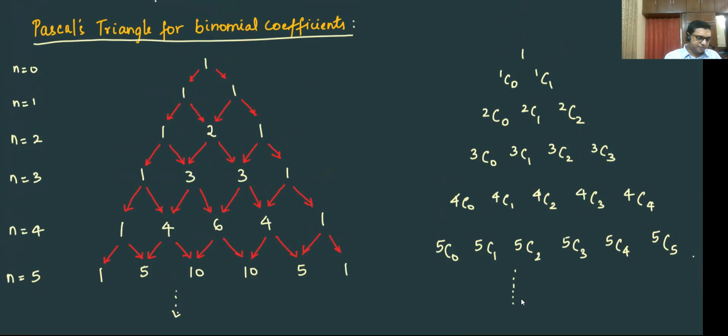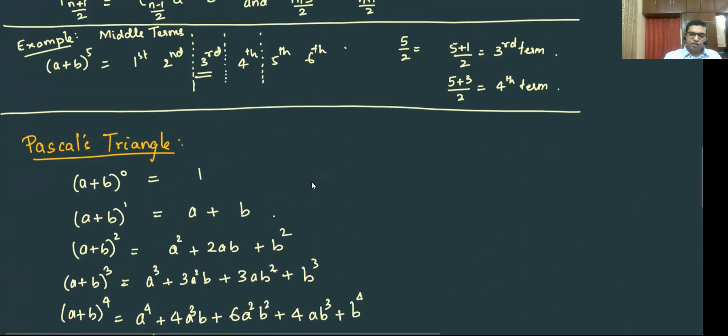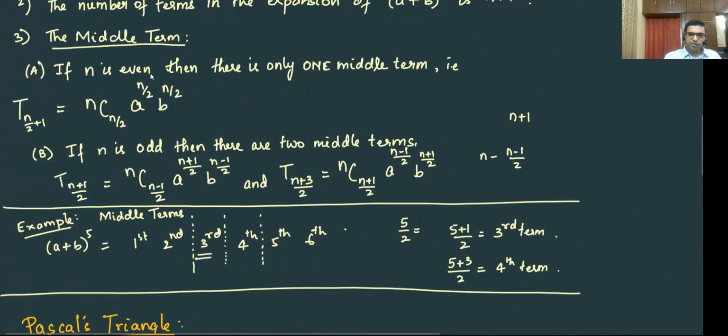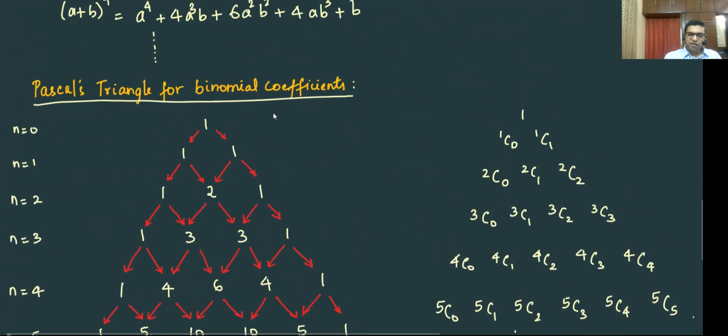So this is how to find the coefficients. This way also you can expand. If you didn't know nCr equals n factorial by (n minus r) factorial into r factorial, then the way to find coefficients was using Pascal's triangle.